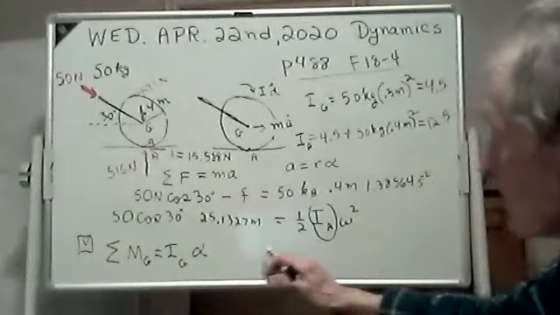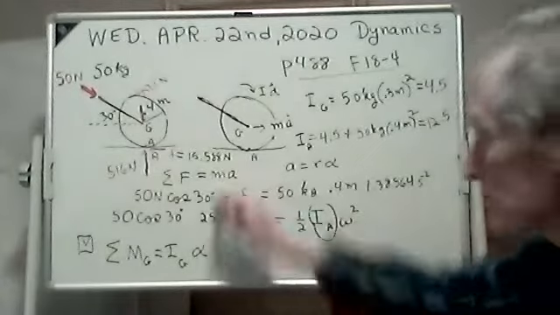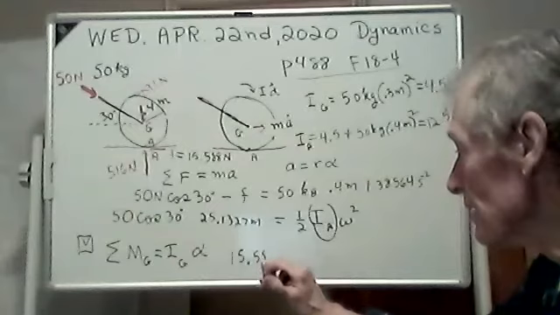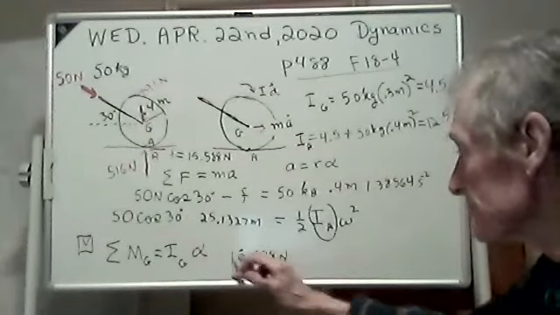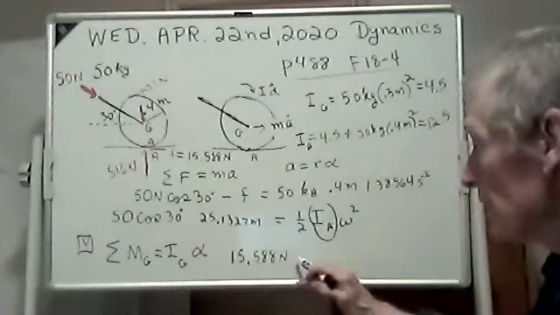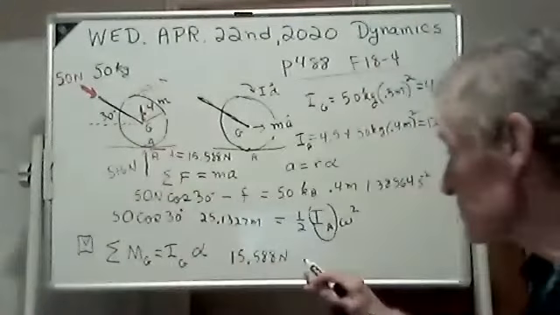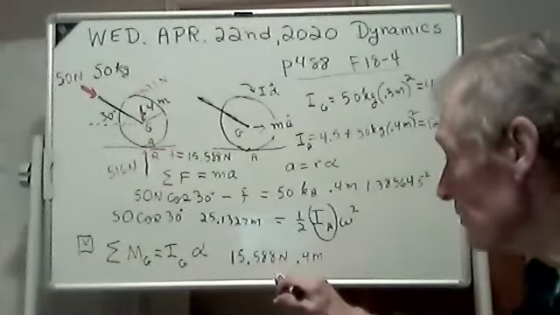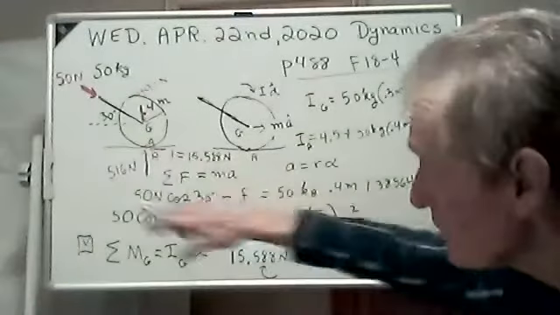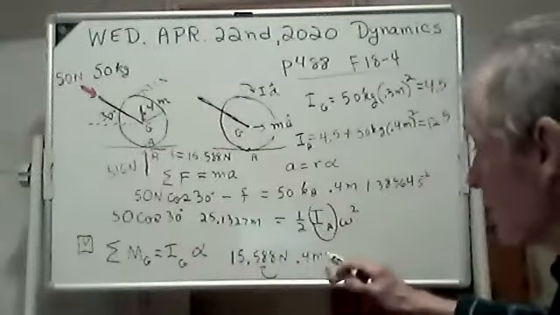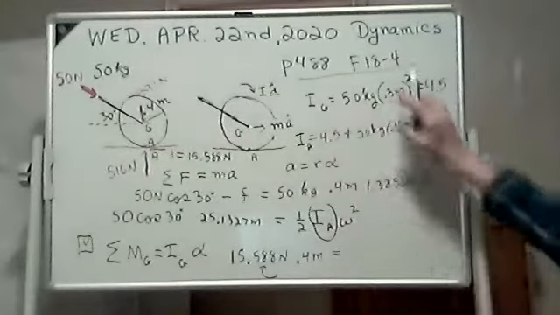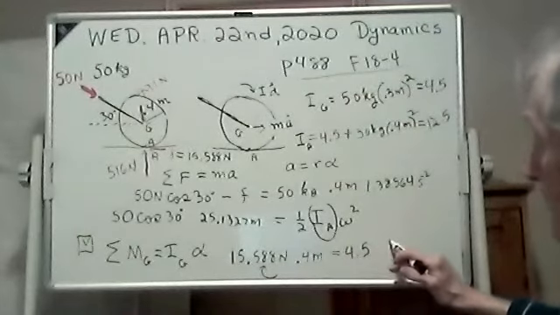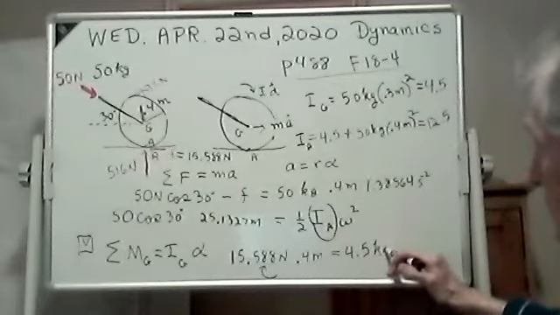And we think it's 15.588 newtons. And the moment of it would be times 0.4 meters. And see, that's going to be clockwise. Can you see that? It'll be clockwise. And that's going to equal IG, which is 4.5, times alpha. We should put in the units.